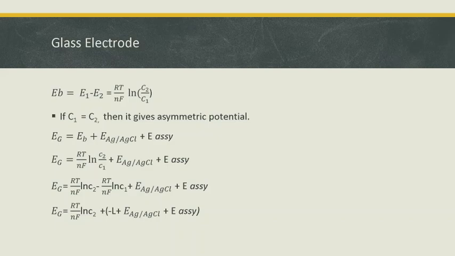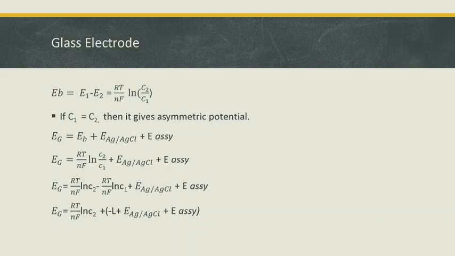So coming to the substitution of that boundary potential in the equation, we will get Eg is equal to RT by NF ln C2 by C1. I am substituting the Eb value here, plus E silver chloride plus E asymmetry. Now ln C2 by C1 means ln C2 minus ln C1, so we get RT by NF ln C2 minus RT by NF ln C1 plus E silver chloride plus E asymmetry.